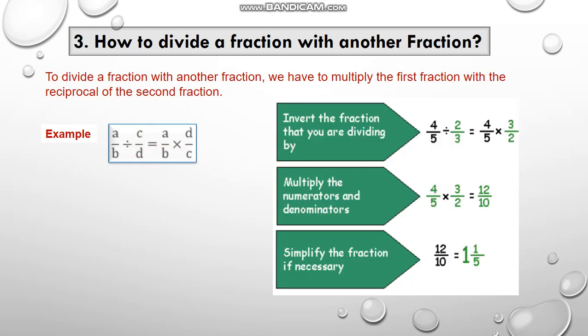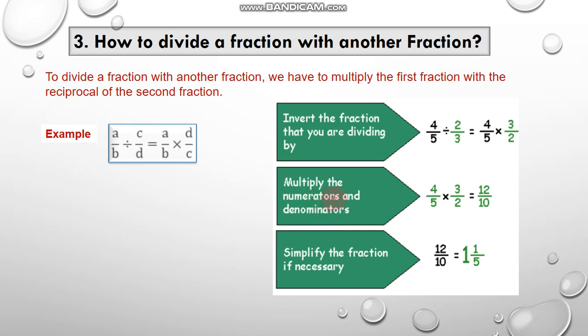Let us understand with the example. Here we have 4 by 5 divided by 2 by 3. So your first step is to invert the fraction that you are dividing by and multiply by it. So invert this fraction by which we are dividing, that is 2 by 3. Its reciprocal is 3 by 2. So multiply the first fraction by the reciprocal of the second fraction. 4 by 5 multiplied by 3 by 2.